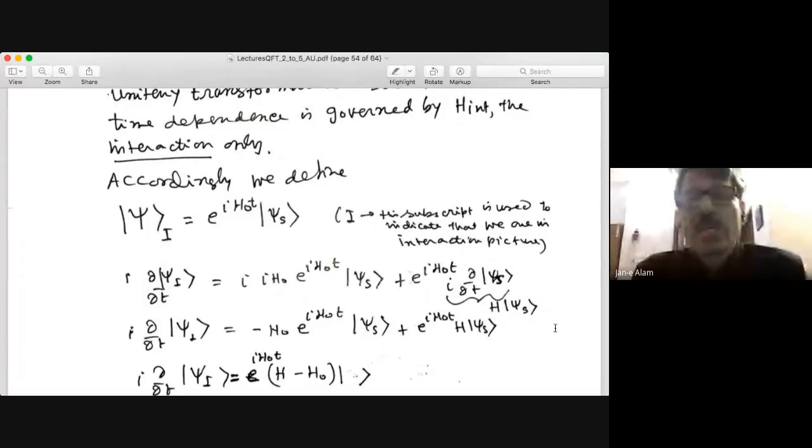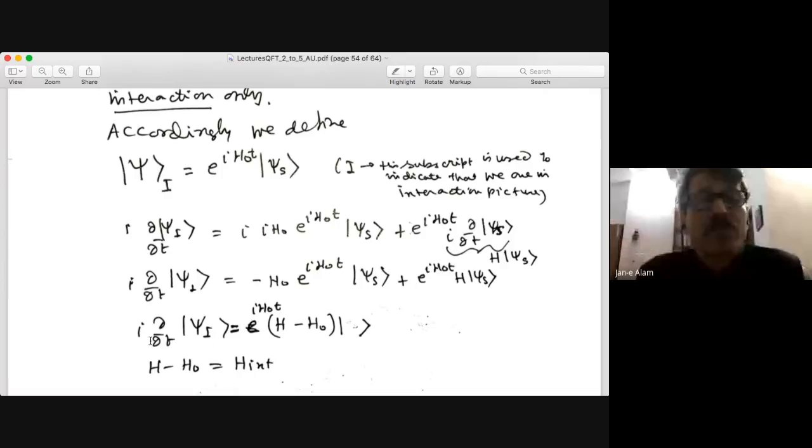This I have put just so that i d/dt psi S appears here, and I can write it as H psi. That was the whole purpose. So now i d/dt of psi I equals minus H naught e to the i H naught t psi S plus e to the i H naught t H psi S, right?